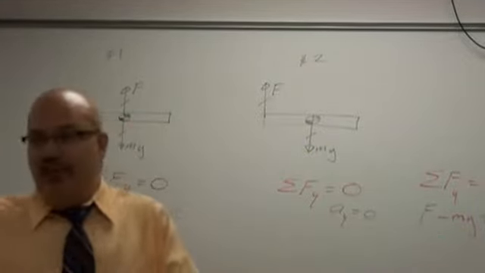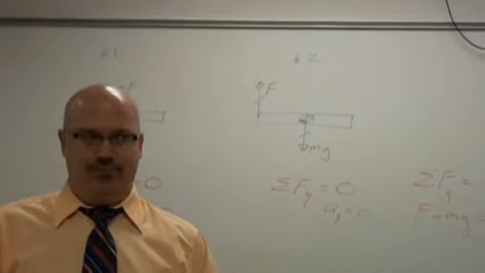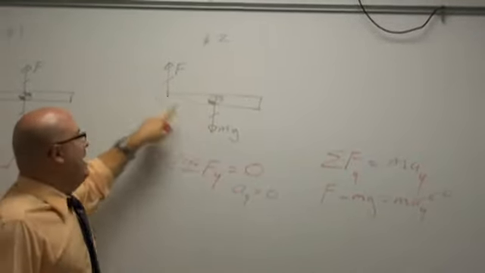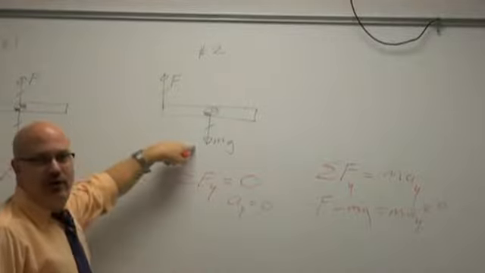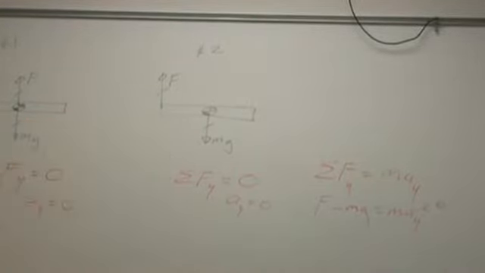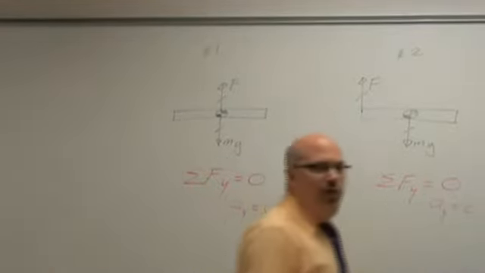And that is a true statement. However, this is messing with your sense of reality, right? Because we know that if gravity is pulling down this way and you push up this way with a force equal to that force, it's not going to be the same as this one, because they're not at the same point.